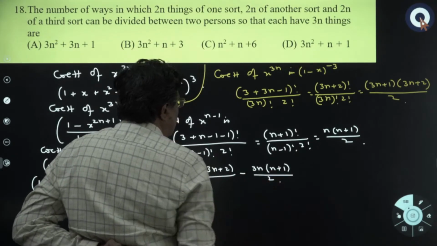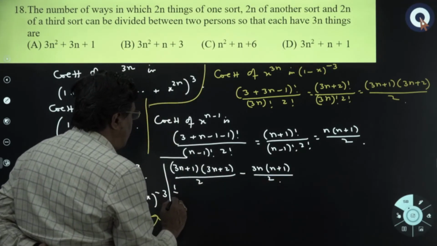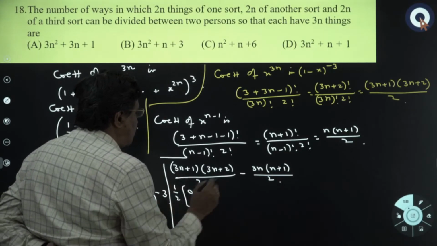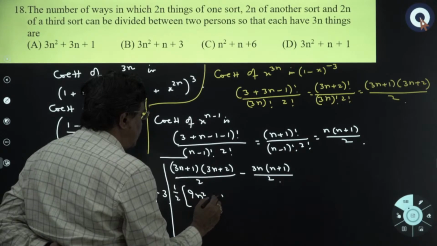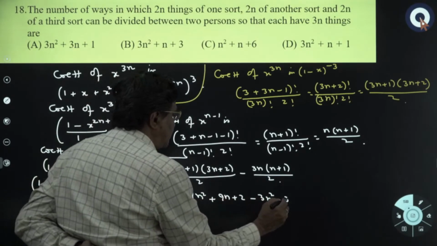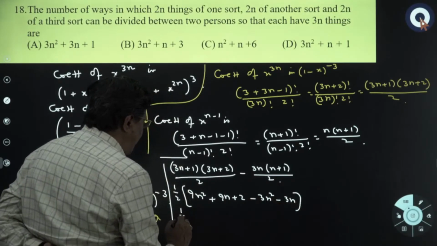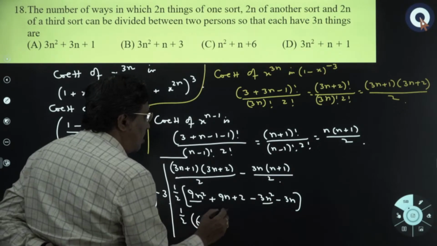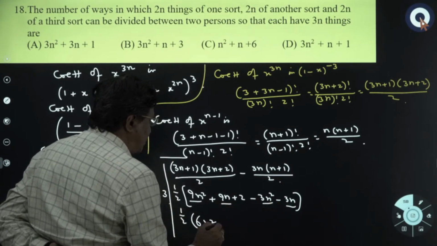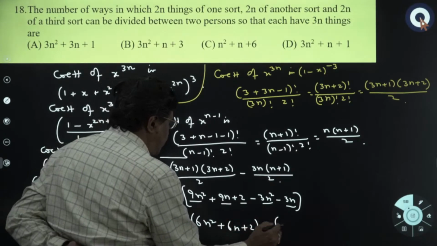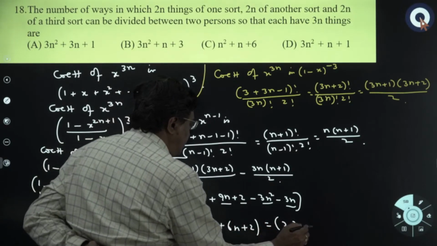All right. So this is 1 by 2 into (9n square plus 6n plus 3n plus 2 minus 3n square minus 3n), which happens to be 1 by 2 into (6n square plus 9n minus 3n plus 2, which is 6n plus 2), which you can write as 3n square plus 3n plus 1.